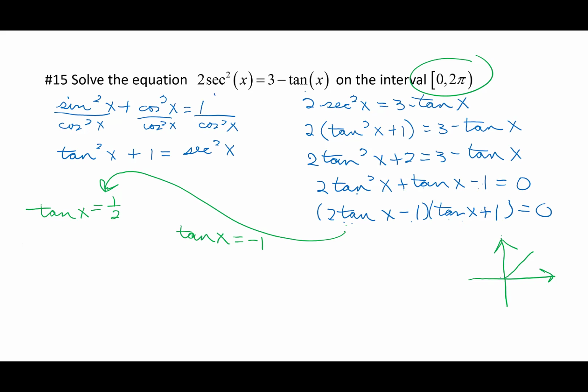And then the tangent is also positive in quadrant 3, so somewhere in quadrant 3, we should have a solution. So in quadrant 1, the only solution I can get is if tangent x equals 1/2, that tells me that x is going to equal the arctan of 1/2, or the inverse tangent of 1/2. So in quadrant 1, I have a solution of arctan of 1/2.